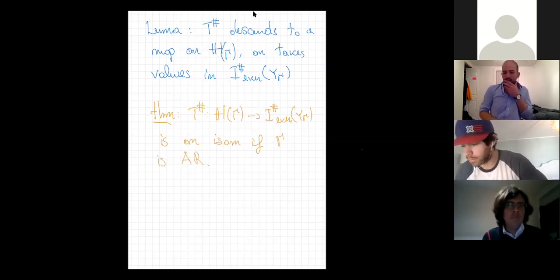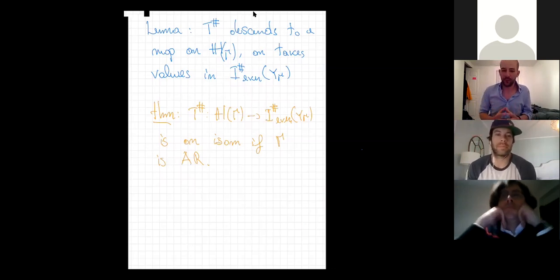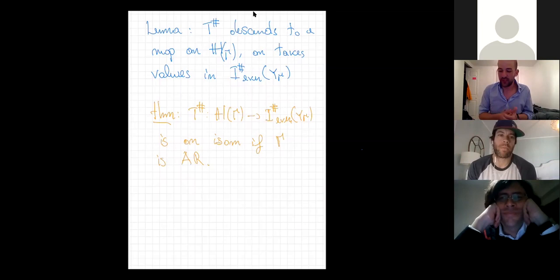Okay, and note that once you compute the even part, since these are just vector spaces, the only information in the groups is the dimension. So once you compute the even part from H gamma, you can compute the dimension of the odd part by simply using the Euler characteristic result proved by Scaduto.